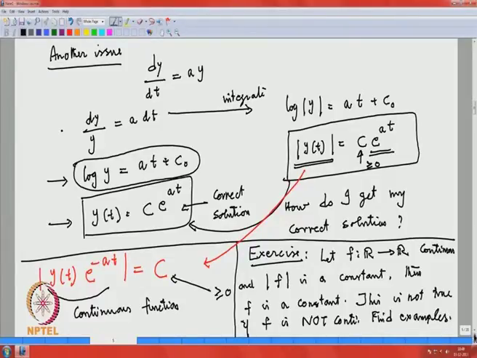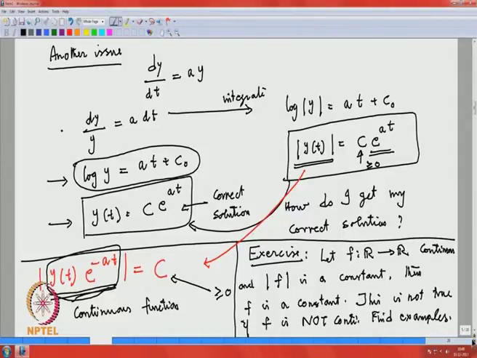Okay. With this observation, this is a continuous function, this is a continuous function, you see, and whose modulus is constant, hence this continuous function y(t) e^(-at) itself is a constant.